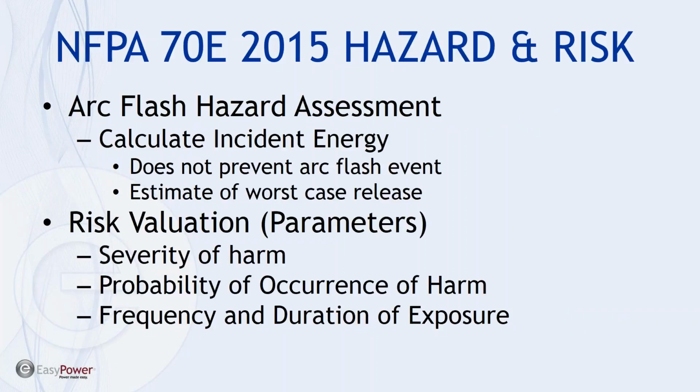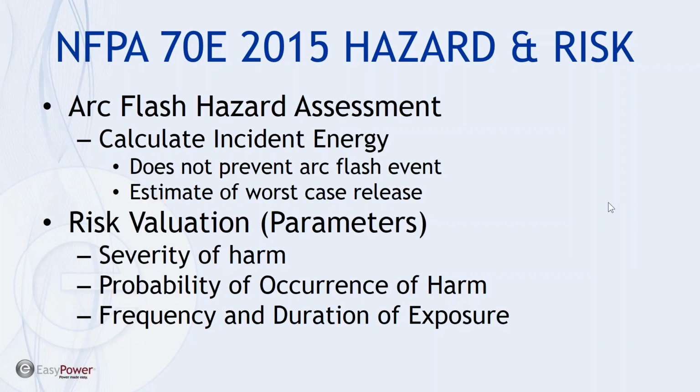I think it's important to note at this point, for several years now, NFPA has made a distinction between arc flash hazards and the risk associated when it comes to arc flash, for any number of reasons.